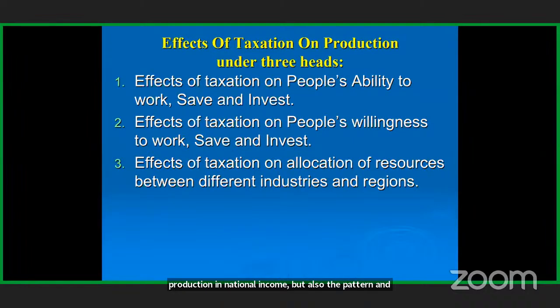If the government wants to discourage the production of tobacco products, the government levies high taxes on the production of these products. So here the taxation is affecting the allocation of resources between industries and regions also.